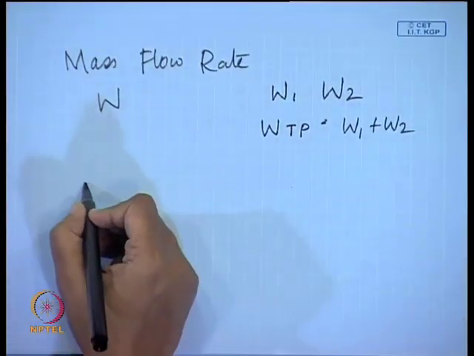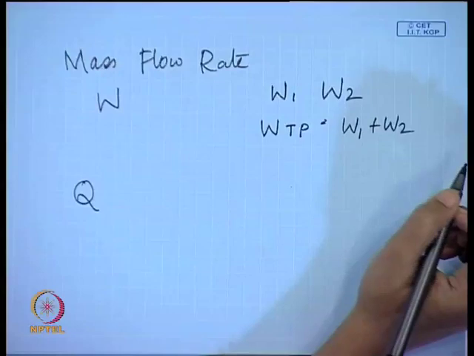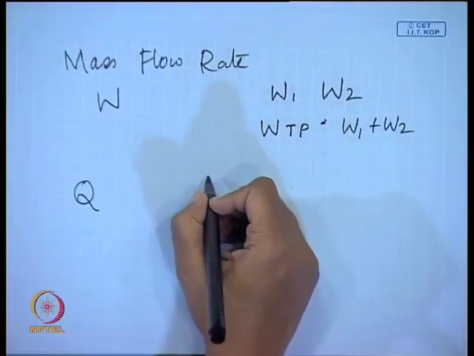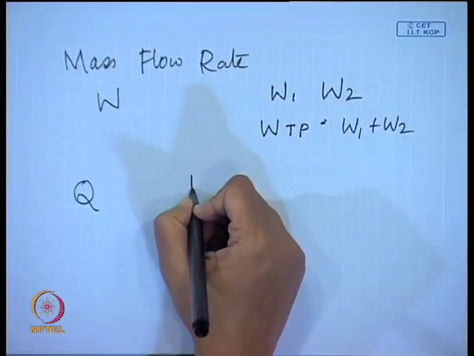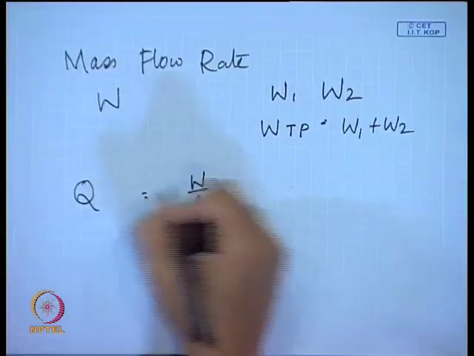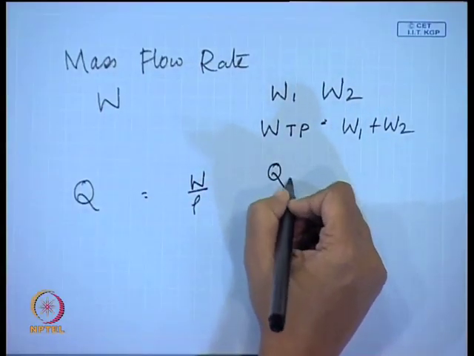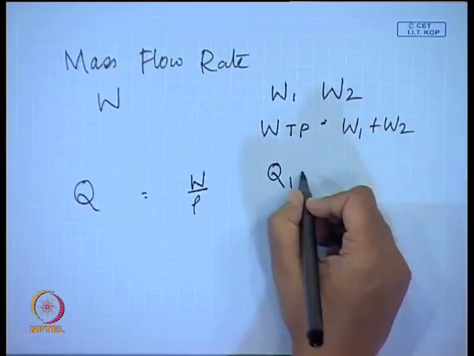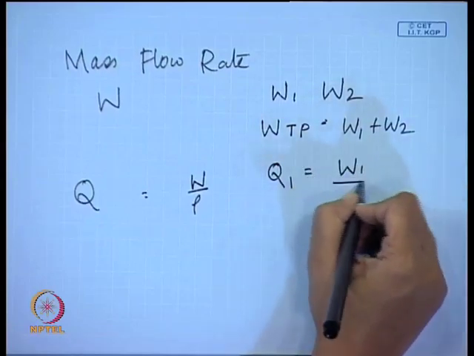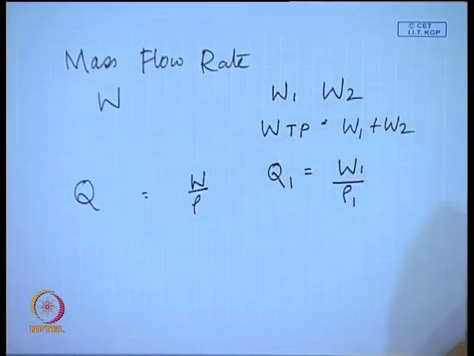Next, we have the volume flow rate Q. How do we define it? It is nothing but W by rho, isn't it? For two phase situations, what do we have? We are going to have a Q1, which is nothing but W1 by rho 1.